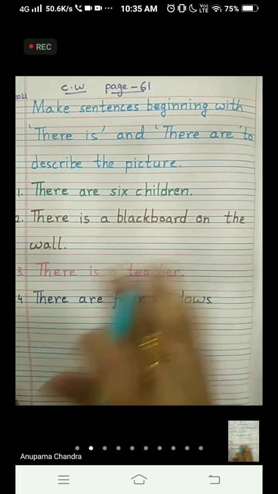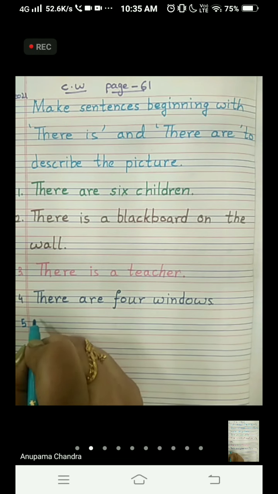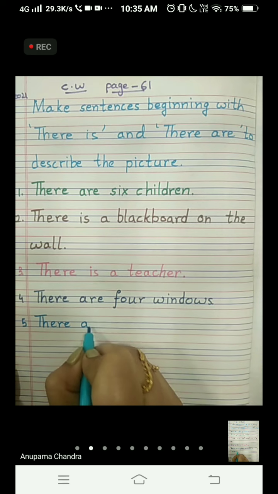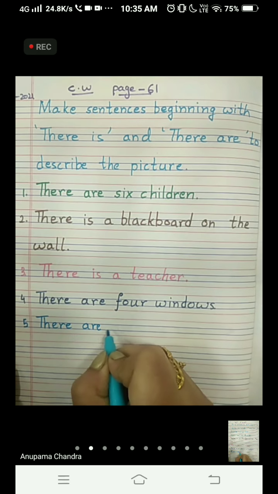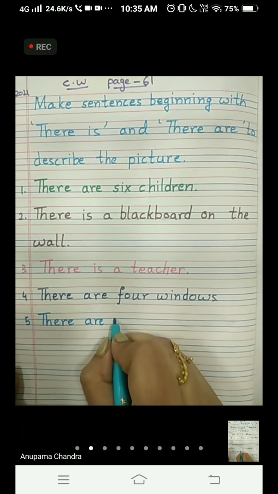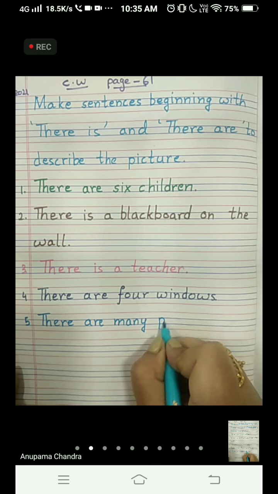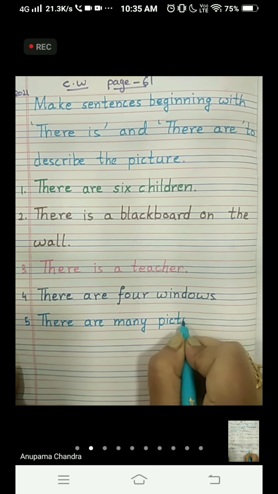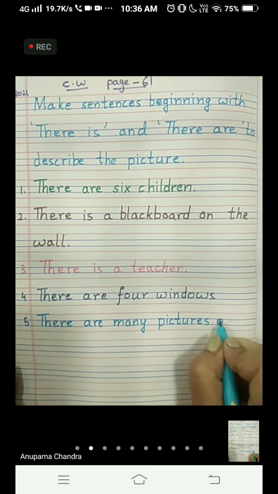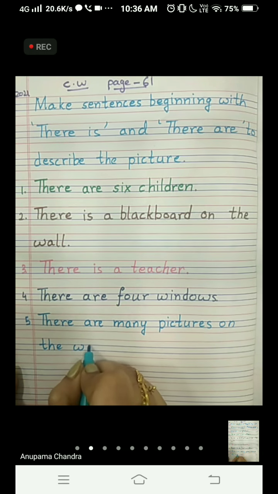So our next sentence is, that is number 5. There are many pictures on the wall.